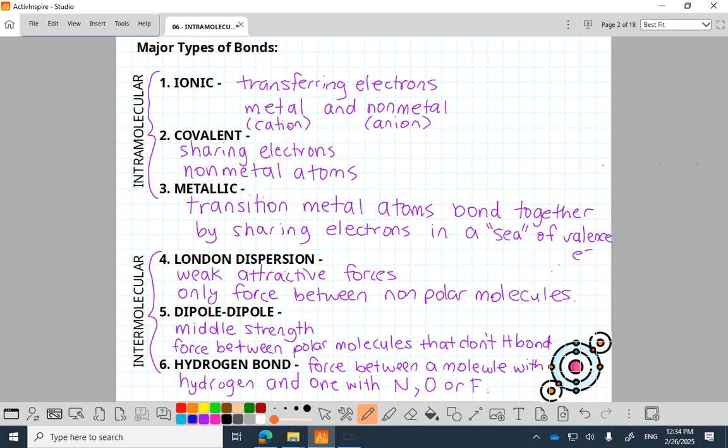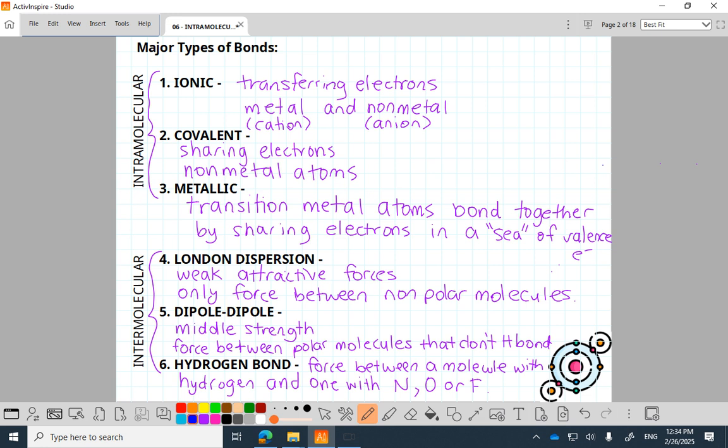That would be a career, even past university. So we're just going to say that intra are stronger than inter, but when we do the inter note, we're going to talk about weak, middle strength, strongest. So you don't have to worry about which of these is stronger. Just know they are strong, all of them.